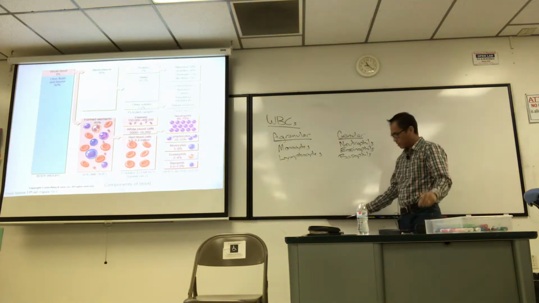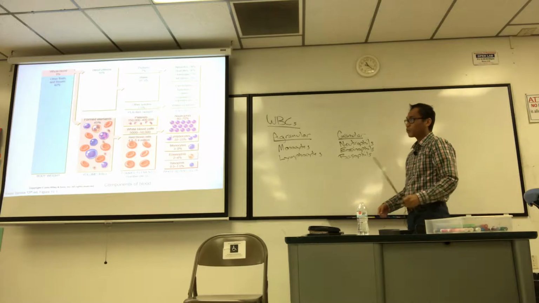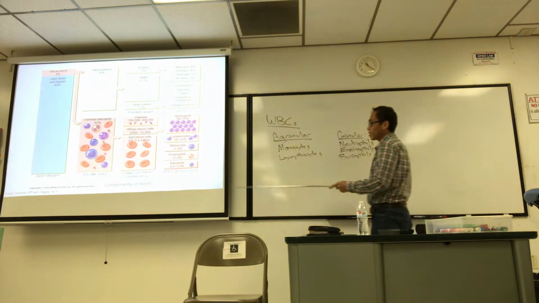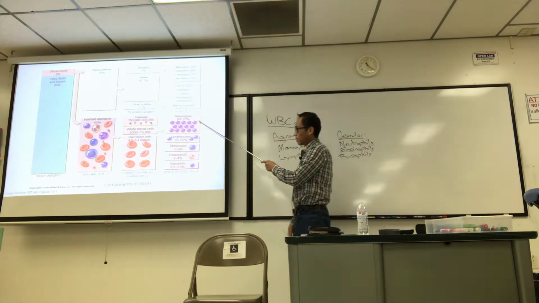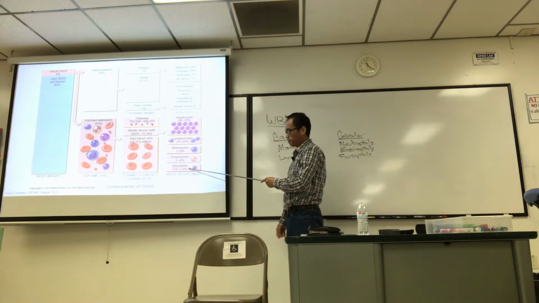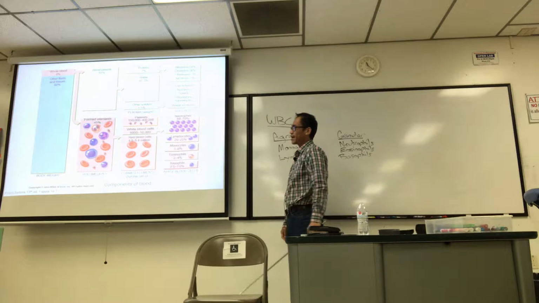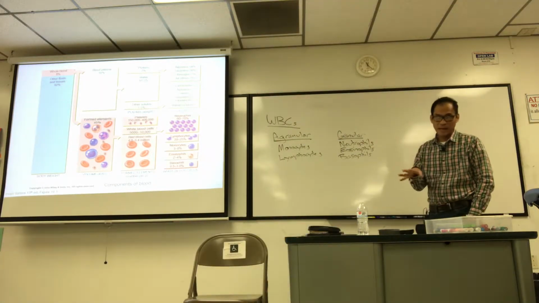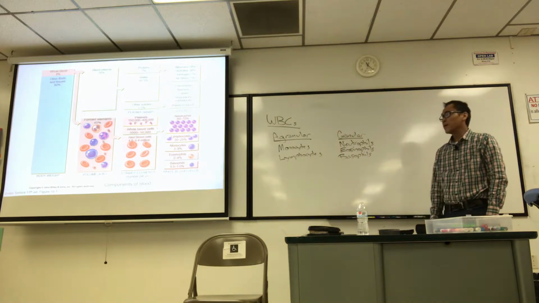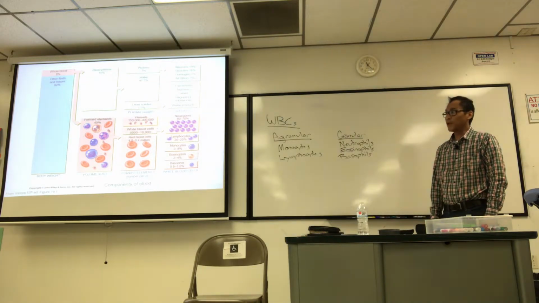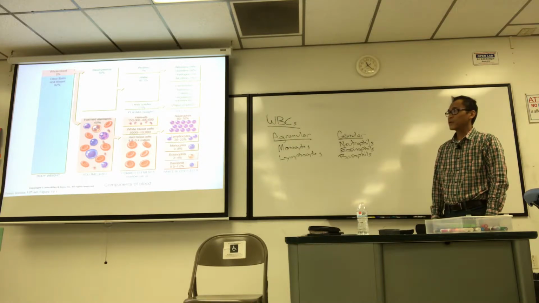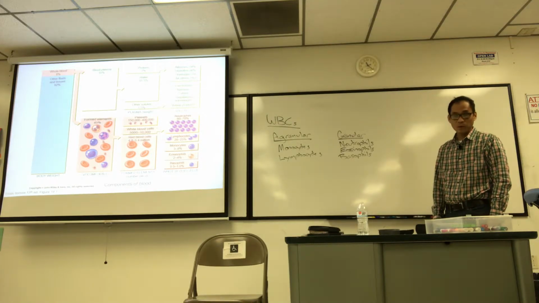How they're listed on this slide is in order of prevalence. Neutrophils, the most prevalent of the white blood cells, and on down. Basophils are the rarest. So when you study the histology, usually you just get a drop of blood, you put it on the slide, and you call it a blood smear slide. You only notice the formed elements. You don't see any plasma components. And you have to search around. It's like a 1,000 to 1 ratio.